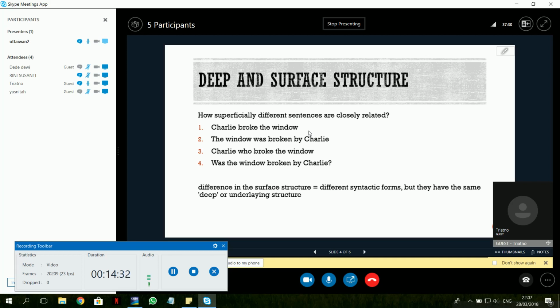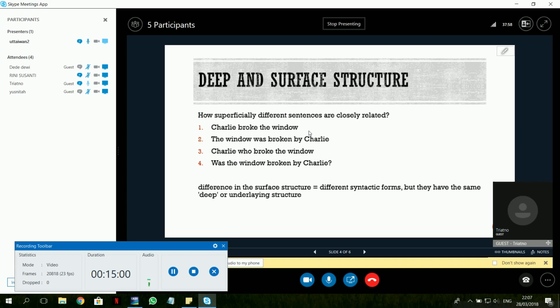Okay, have you found the similarity between four sentences? Do you see that? That those four sentences actually similar. Now, different contexts, they just have different forms. They have different forms, but they share the same meaning.